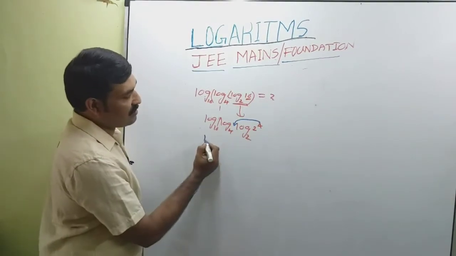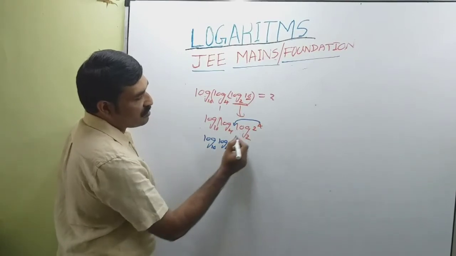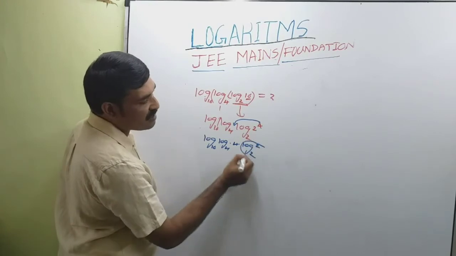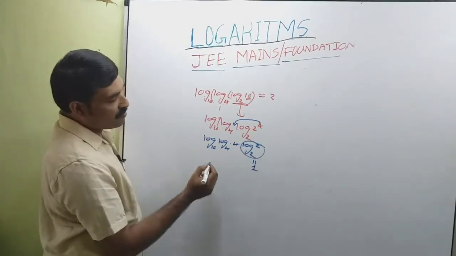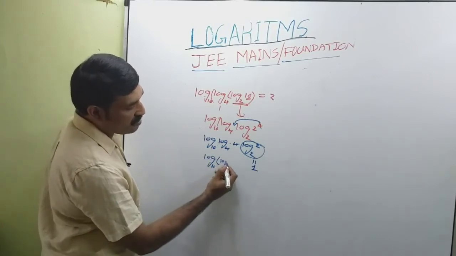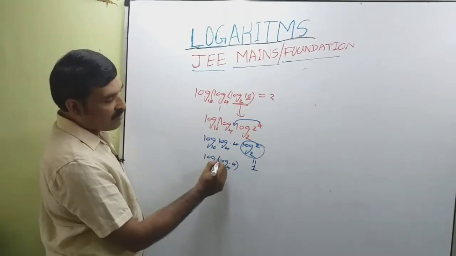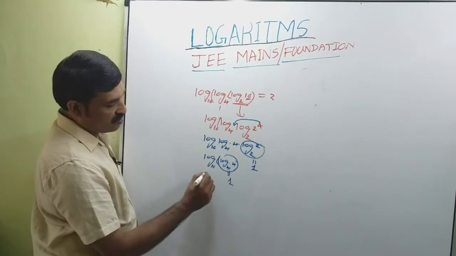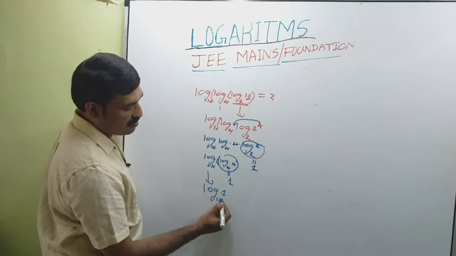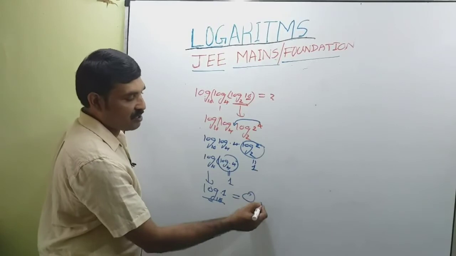So we can write log base 16 of log base 4 of 4 into log 2 to the base 2. The value of this is 1. Now this becomes log 16 of log 4 to the base 4, and again the value of this is 1. So this becomes log base 16 of 1. Log of 1 to any base is equal to 0. So the answer is 0.